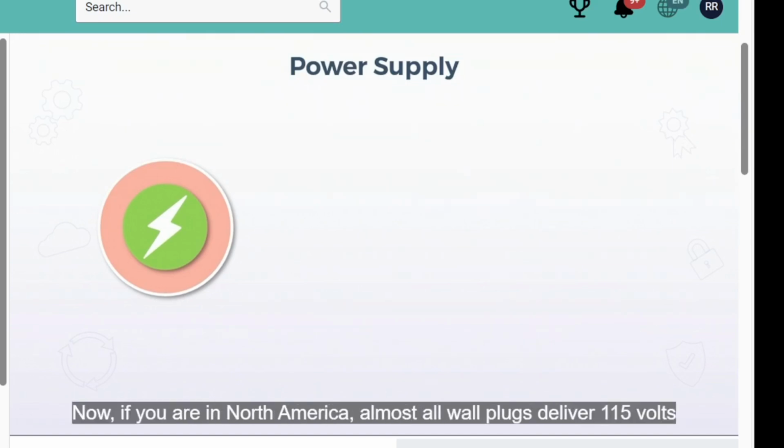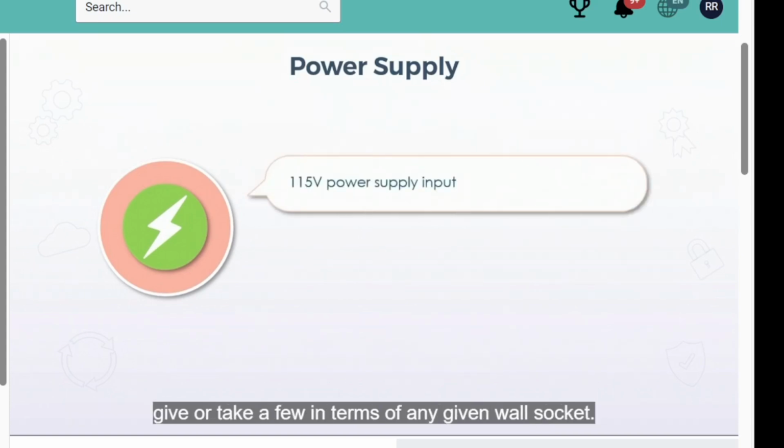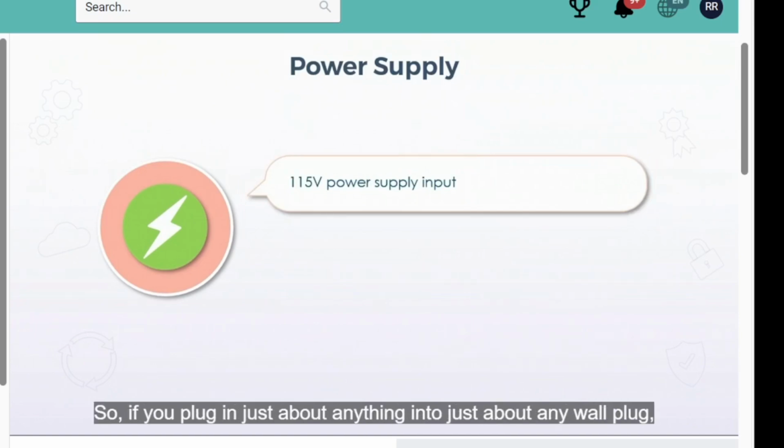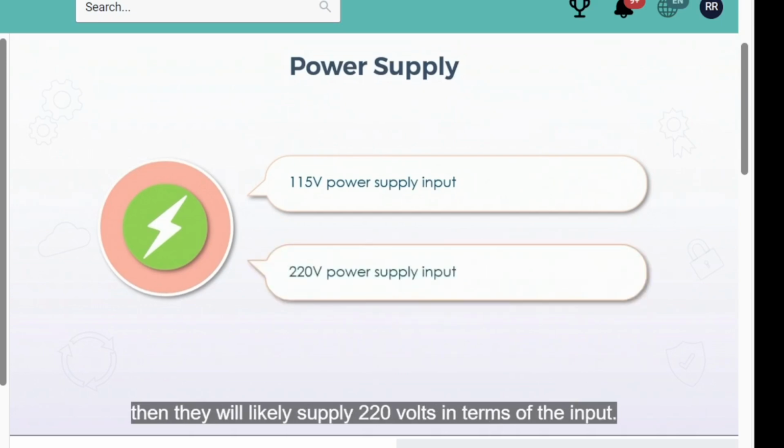Now, if you are in North America, almost all wall plugs deliver 115 volts, give or take a few, in terms of any given wall socket. So if you plug in just about anything into just about any wall plug, it will deliver around 115 volts to that unit. But if you're in most of Europe and many parts of Asia, then they will likely supply 220 volts in terms of the input.